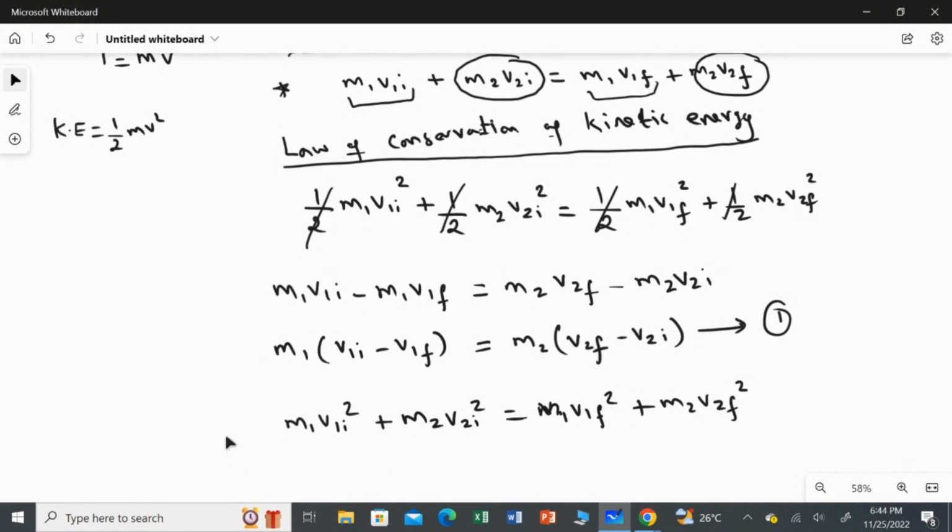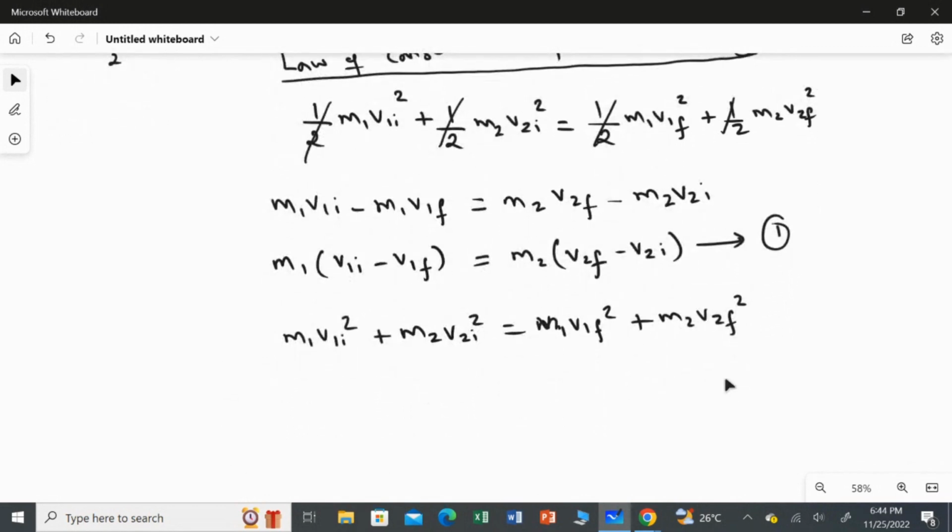Here also I'm going to separate mass 1 on one side and mass 2 on the other side. So I'm going to move this term to the left hand side, and this term to the right hand side. By that we can easily separate mass 1 as well as mass 2. First m1: m1 v1 initial square.